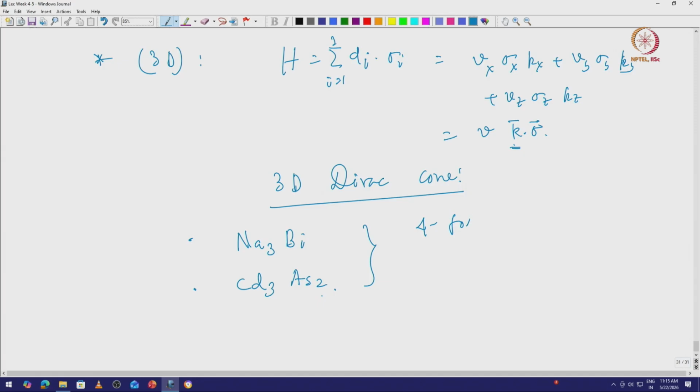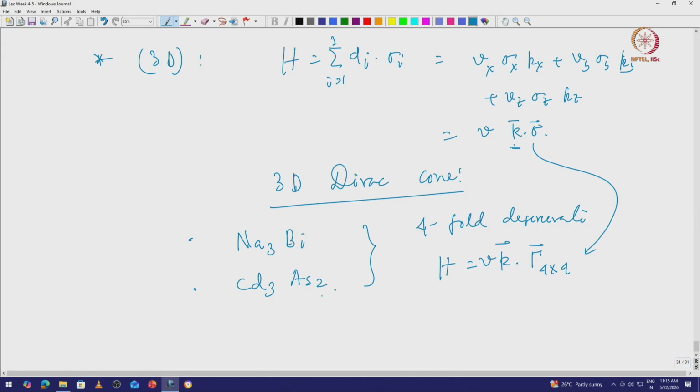So, 4-fold degenerate, in which we replace the Pauli matrices with gamma matrices, which are 4 by 4. They also anti-commute and all.